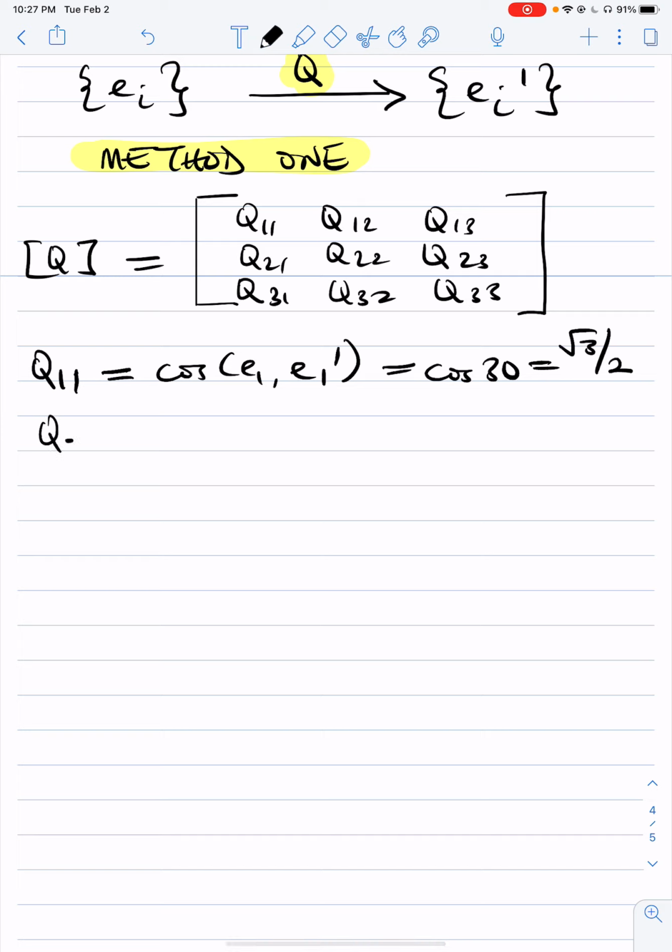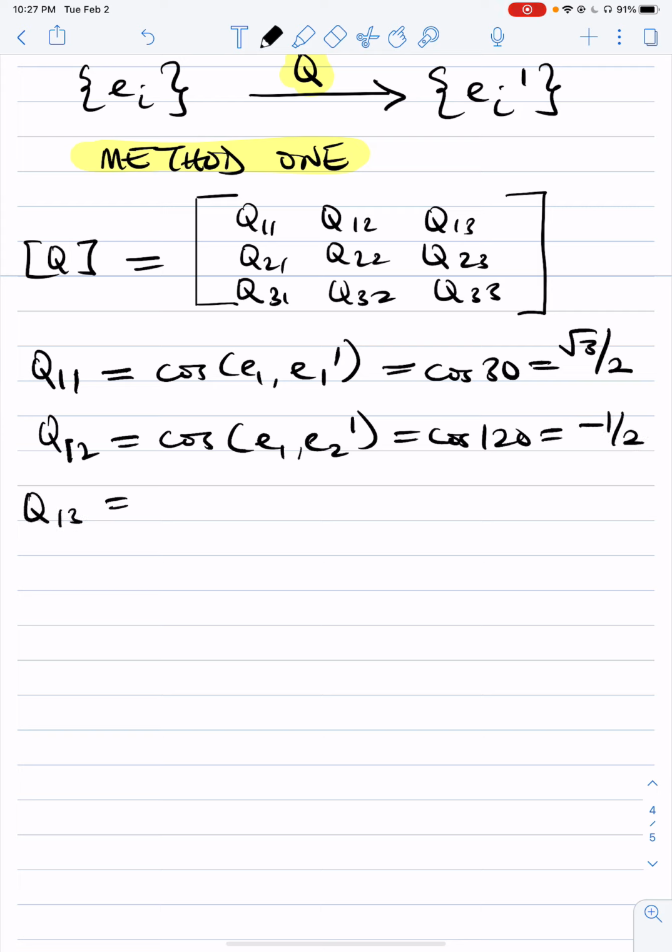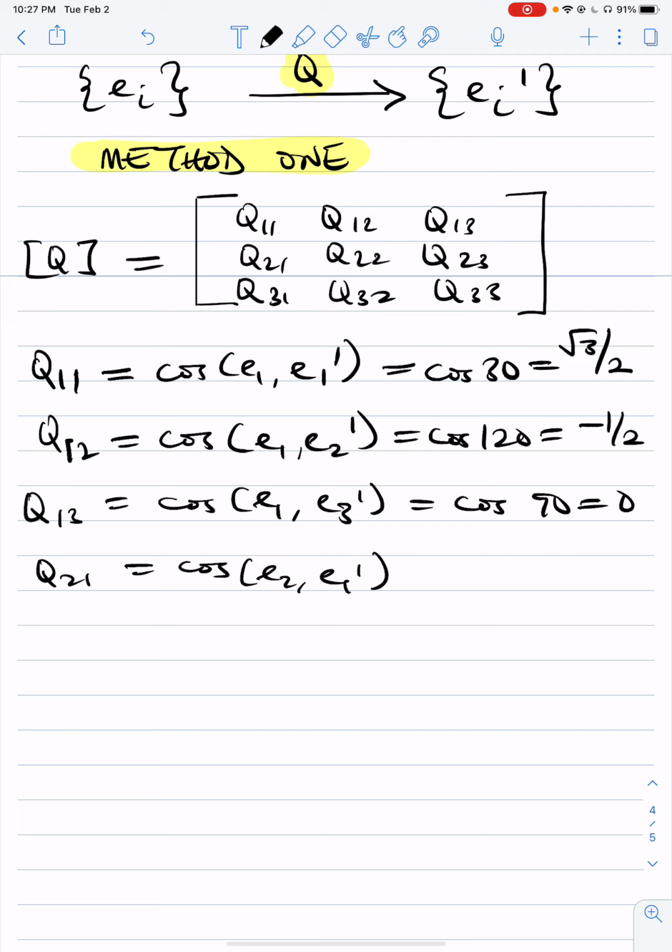So if you have Q12, I write this pretty fast, but you can slow down the video and try to process what I've done. Cos 120, that's the angle between them, so minus 1 over 2. Q13, because E1, E3 prime, cos 90, that should be 0. Okay, now let's look at Q21, cos of E2, E1 prime. Q22, cos of E2, E2 prime.